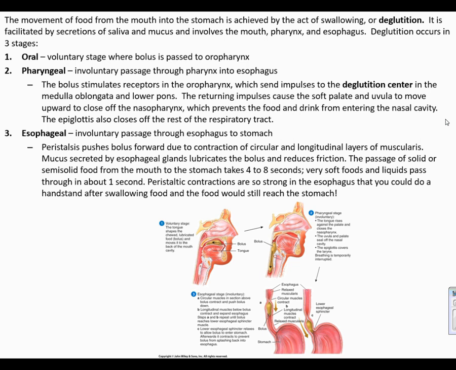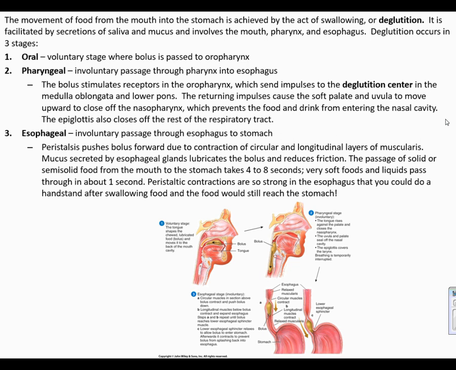It involves not just our mouth, not just our pharynx, but also the esophagus that we just talked about. When we think of swallowing, generally what we think of is just the oral phase. This is the voluntary stage where we push the food bolus into our oropharynx. The second phase is the pharyngeal phase, involuntarily passing the food bolus from our pharynx into our esophagus.